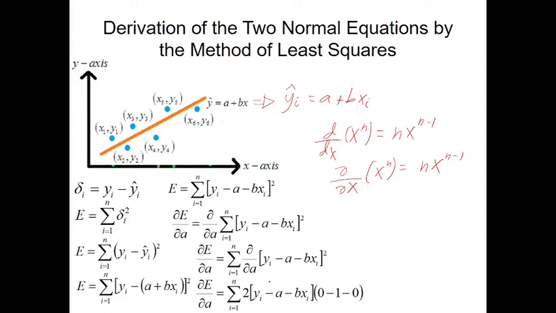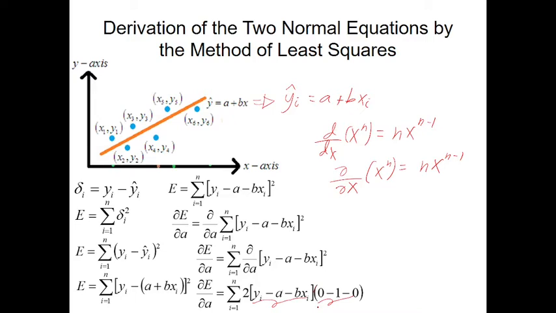Tapos, yi minus a minus bx sub i, 2 minus 1, so magiging 1. Tapos, ide-derivative mo yung nasa loob. Ilalagay mo dito yung derivative niya. Diba?